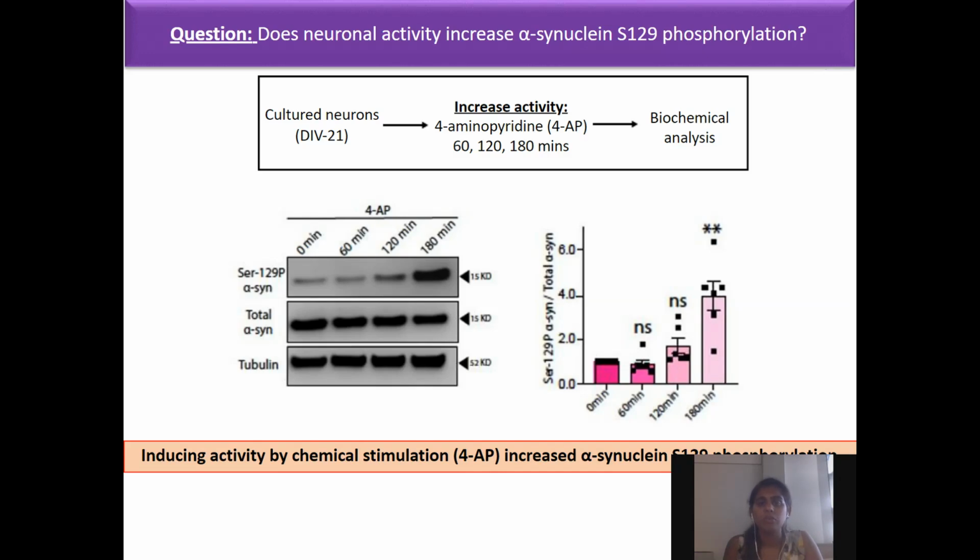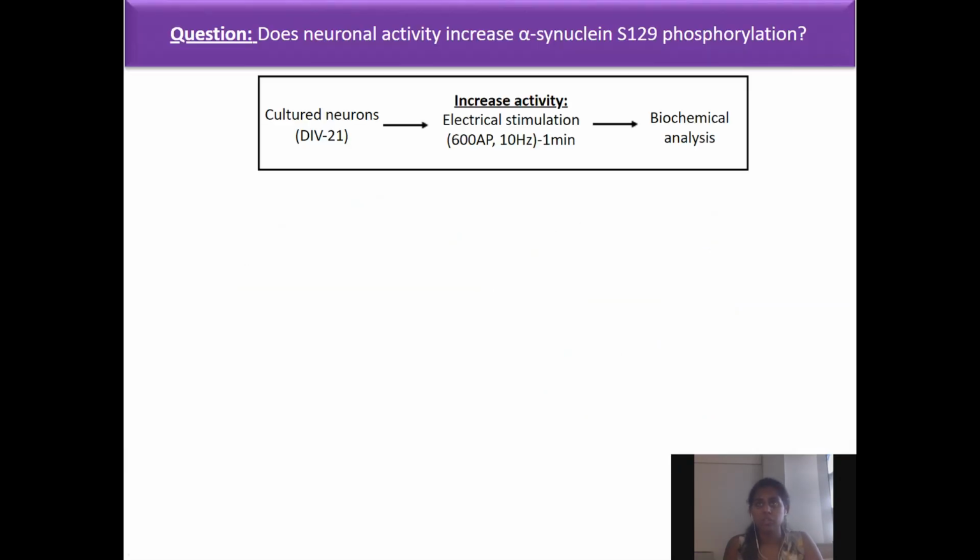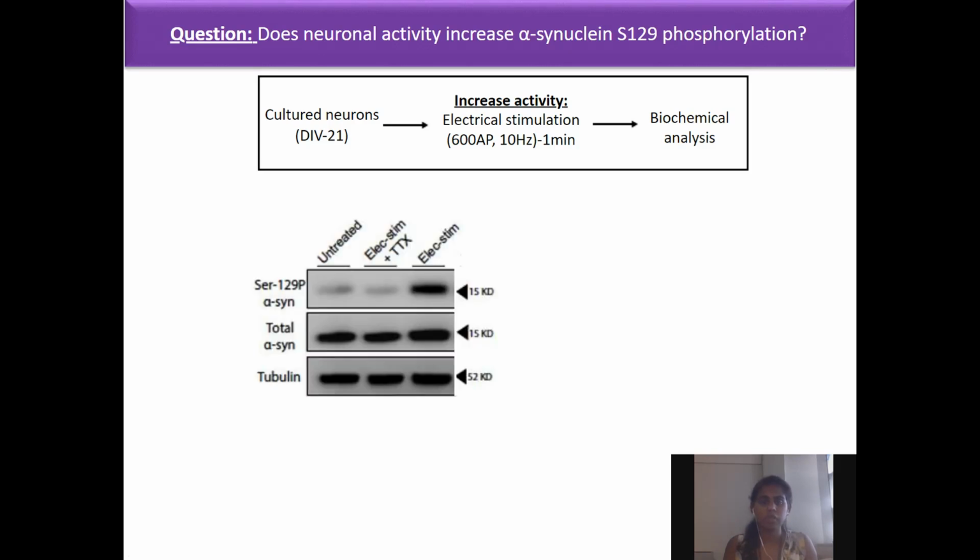Next, we wanted to know if electrical stimulation, the same paradigm that we used in our fluorine assays, also can increase phosphorylation. So here are cultured cells stimulated with 600 AP, and in the rightmost panel we see that upon electrical stimulation we increase the amount of S129 phosphorylation detected.